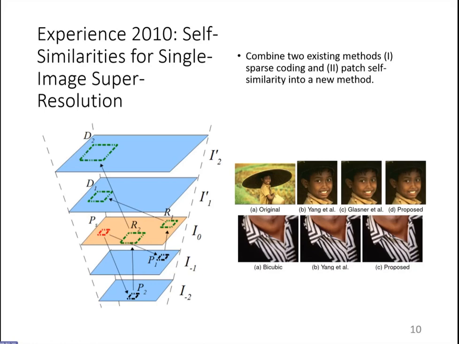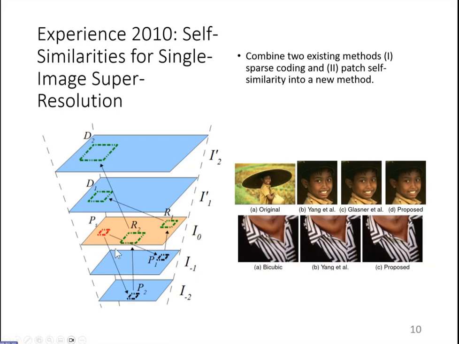What does patch similarity mean? It means if I create an image pyramid, do you know what is an image pyramid? Not yet? Okay. An image pyramid means given an image, I can slightly reduce it to create a smaller image, and then further reduce it to create a smaller image.